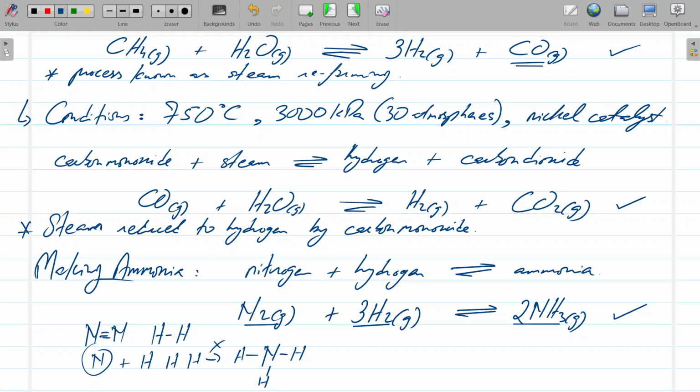For example, you have 10 molecules of nitrogen and 25 molecules of hydrogen. How many of these do you think will react?